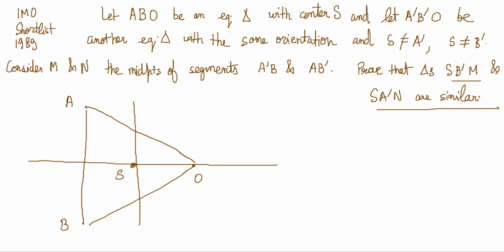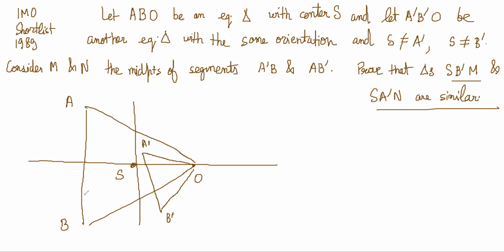S is not equal to A dash, and S is not equal to B dash. So we'll draw another equilateral triangle, let's say like this, A dash B dash O. Another equilateral triangle.